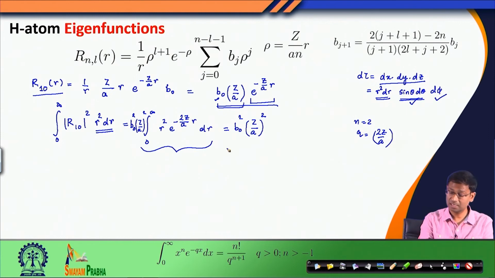The result of this integral is n factorial, which is 2 factorial, divided by q, which is 2 z divided by a, raised to n plus 1. Since n is 2, I have this to the power 3. Now, when I simplify this, I have b 0 square, here z over a square and here z over a cube.